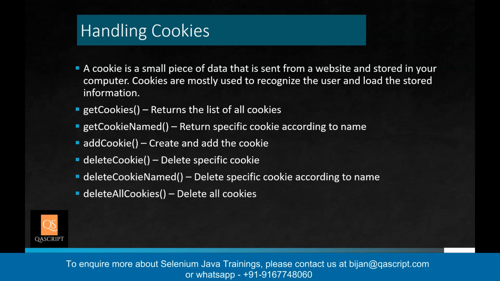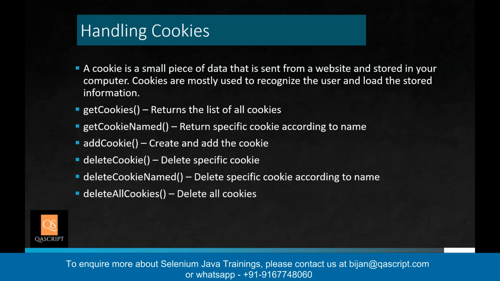Applications also use these cookies to remember user preferences. For example, on the Amazon website, the things which you are performing, or if you're going to a specific page, they can store any kind of information in these cookies which are stored in your system.